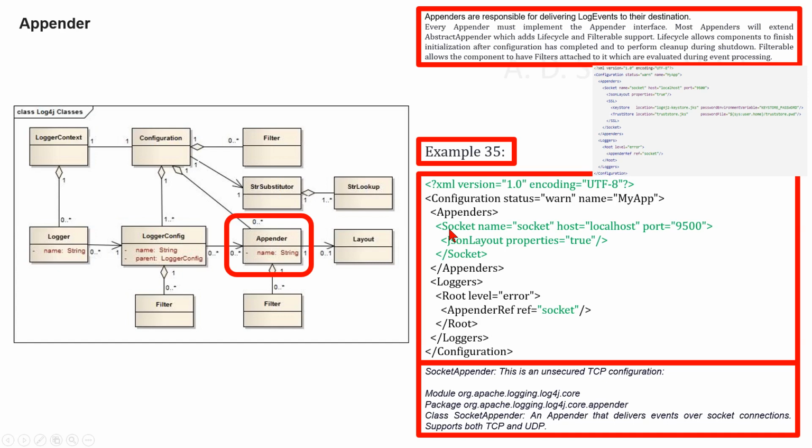Socket appender parameters: name, string, the name of the appender; host, string, the name or address of the system that is listening for log events. This parameter is required. Port, integer, the port of the host that is listening for log events. This parameter must be specified. If the host name resolves to multiple IP addresses, the TCP and SSL variants will fail over to the next IP address when the connection is lost.